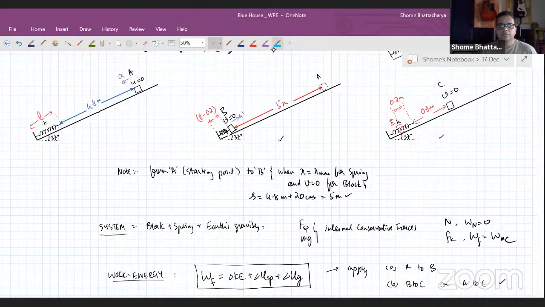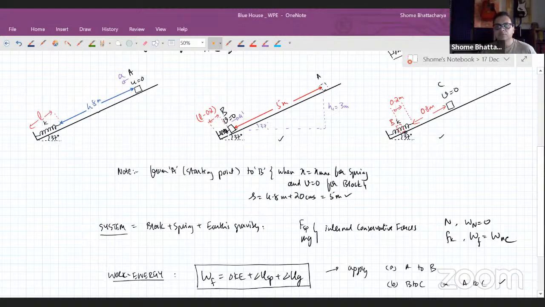Okay, now when you apply it from A to B, you'll have to consider the vertical displacement of the block. So that will be this H1, which will become 3 meters because this angle is 37 degrees. Okay.